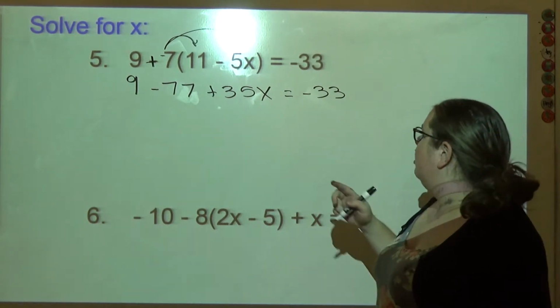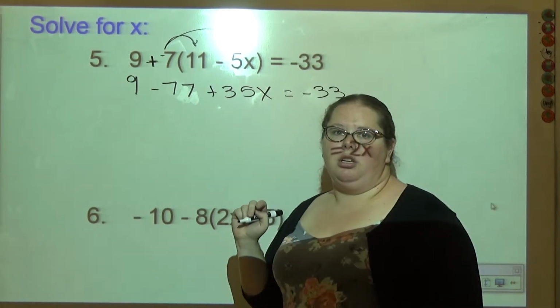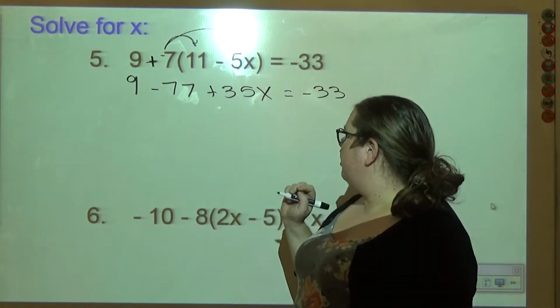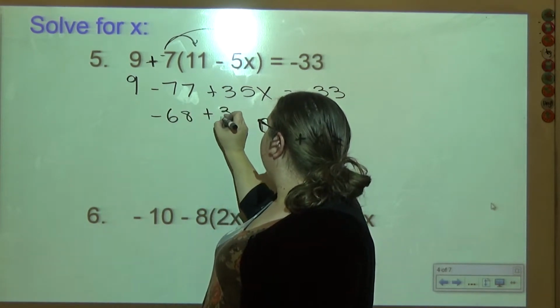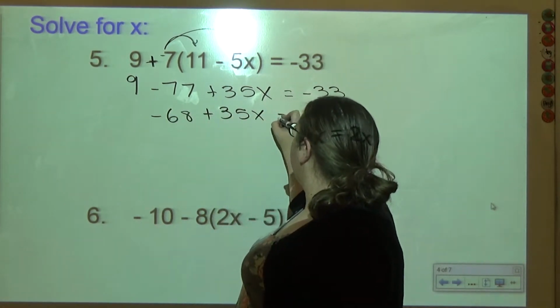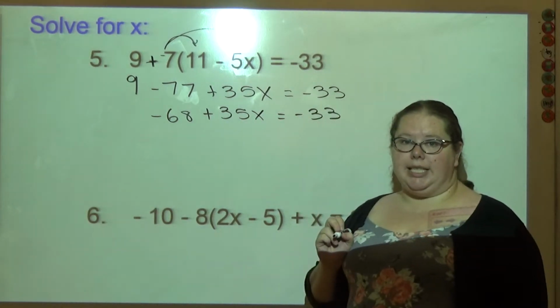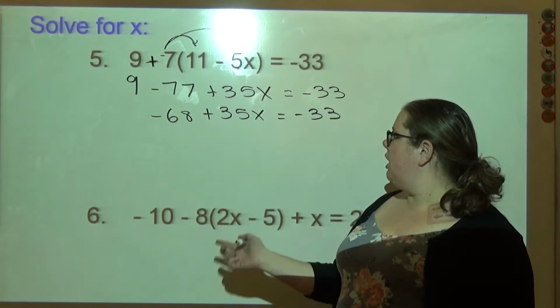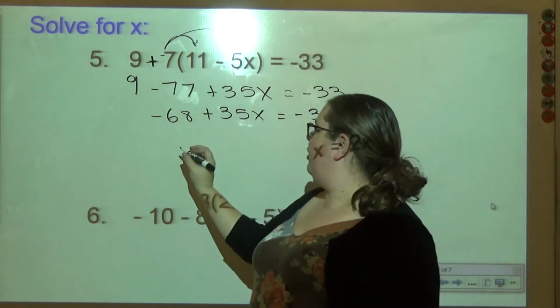Combine like terms. We have our 9 minus 77. Those are both constants. Put those together. Negative 68 plus 35x equals negative 33. Move your constant term. What's being added and subtracted? That 35 and x are stuck together, so we got to move here.